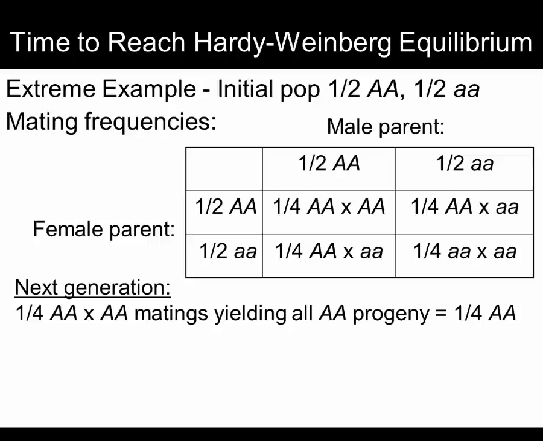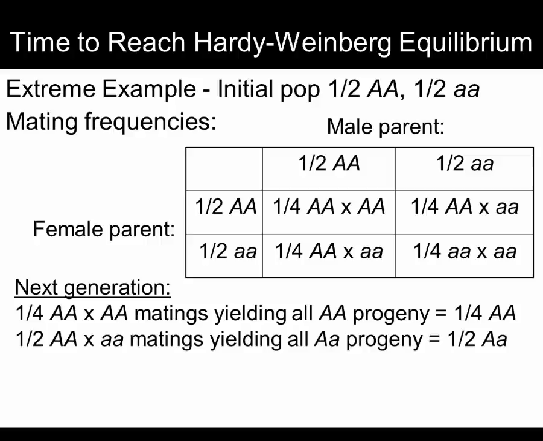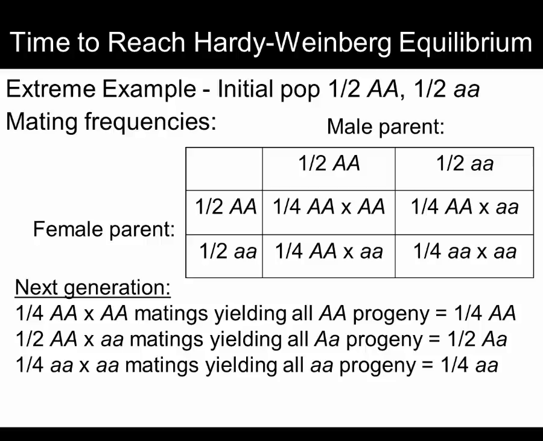All of their children will be homozygous dominant, accounting for 1/4 of the offspring of the next generation. Half the matings will have 1 homozygous dominant and 1 homozygous recessive parent, leading to all heterozygous offspring. And the last quarter will involve 2 homozygous recessive parents, and thus homozygous recessive offspring.